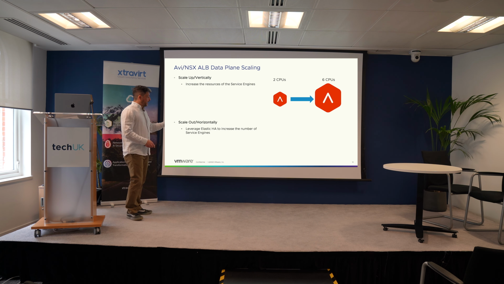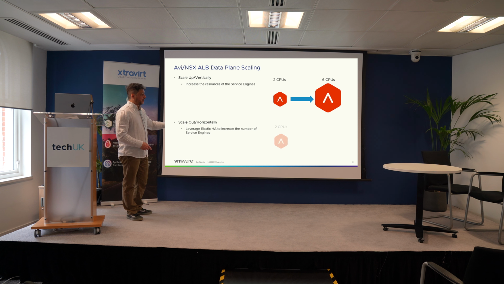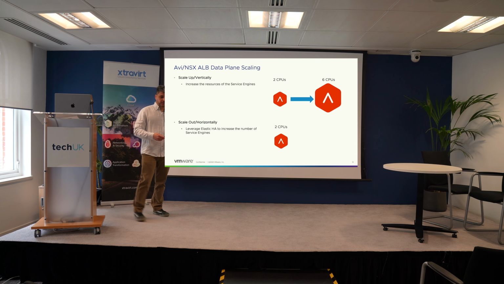With AVI, you have on the elastic HA the capability of, you start with 2 CPUs, so you have a small load balancer. If you need more capacity, instead of growing up, you just create one more, and then you have multiple smaller ones working to keep up with the work.